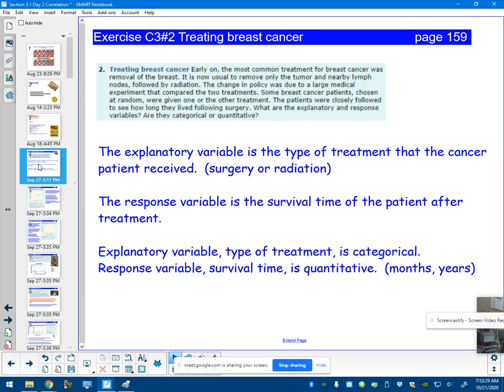It should be the type of treatment. Or you can put surgery or radiation, because that's a choice. The response variable is survival time. Let's hope it's in months and years and not days and seconds and hours, because that would be a little bit sad. And the explanatory variable is categorical, and the response variable is survival time.